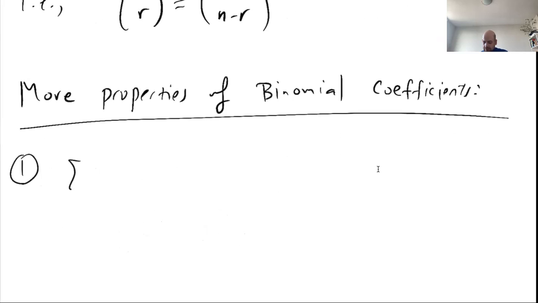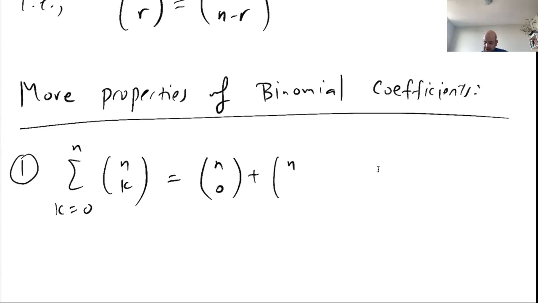Sigma n choose k from 0 to n, so this is with sigma notation. Without sigma notation, I can write this one as n choose 0 plus n choose 1 dot dot dot and n choose n. So then this is equal to 2 to power n.